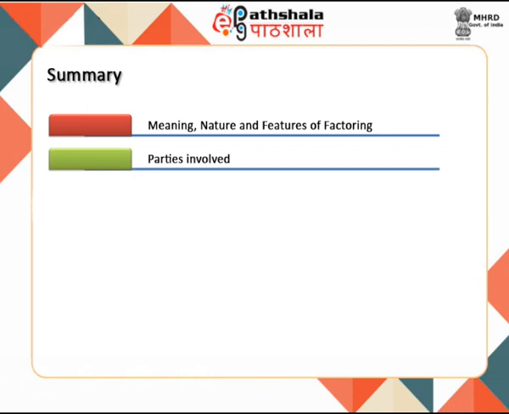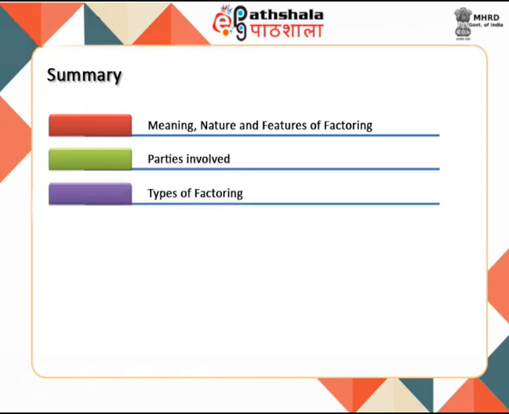Three parties are involved in factoring arrangements: client, factor, and customer. Factoring has three different aspects: financial, management, and legal aspect. There are mainly two types of factoring arrangements: domestic factoring and international factoring.